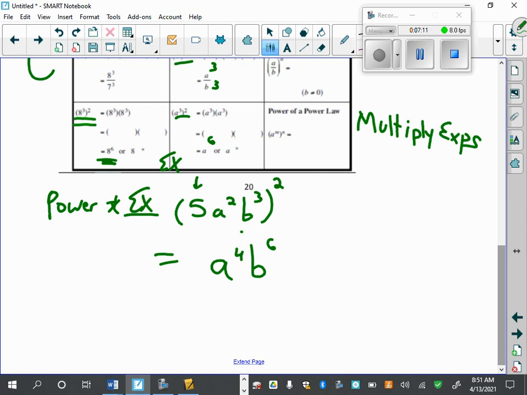This is not 5 times 2. Otherwise the 2 would be over here, and you multiply 2 times 5. If it's an exponent, this is the base, and this is the exponent, so this becomes 5 squared. What's 5 squared? 25. Okay, do not put 10 there, or you're going to lose half your marks.